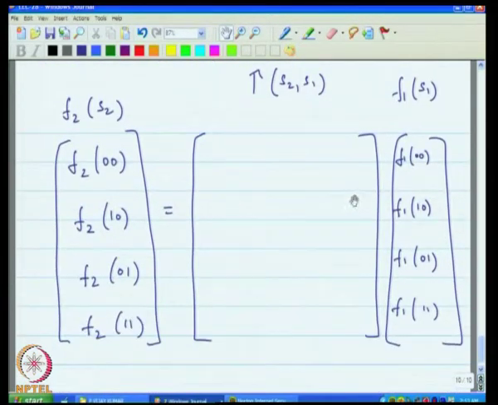So, for example, supposing you think about the first entry, it will be non-zero if there is a transition from 0 0 to 0 0, and in fact there is. So, you will have a non-zero entry here. Then is there a transition from 1 0 to 0 0? The next entry would correspond to a transition from here to here, and there is none. So, that entry will turn out to be a 0.